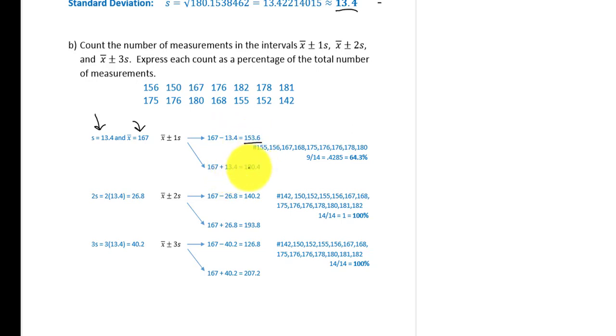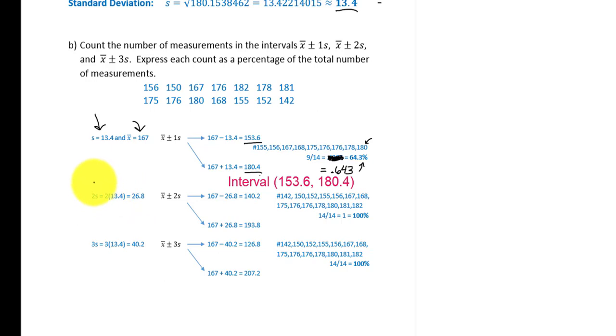And these are the boundaries, if you will, for that first standard deviation. So looking back to our original data set, 9 out of our 14 measurements are within 1 standard deviation of the mean. 9 divided by 14 then gives us 0.643, and that result in percent form is 64.3% of our data falls within 1 standard deviation of the mean.